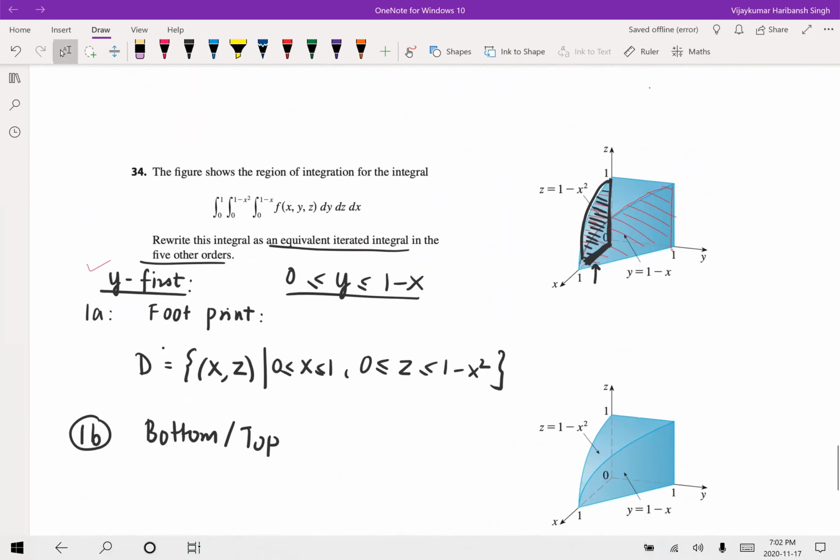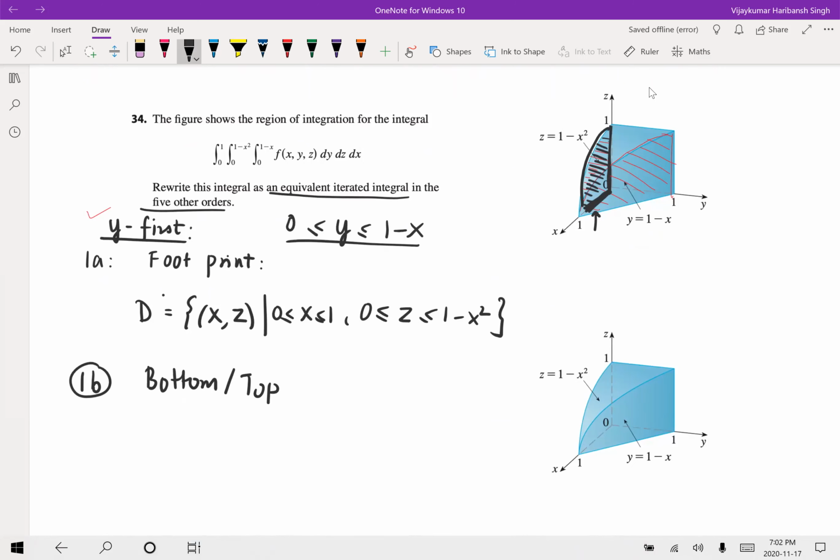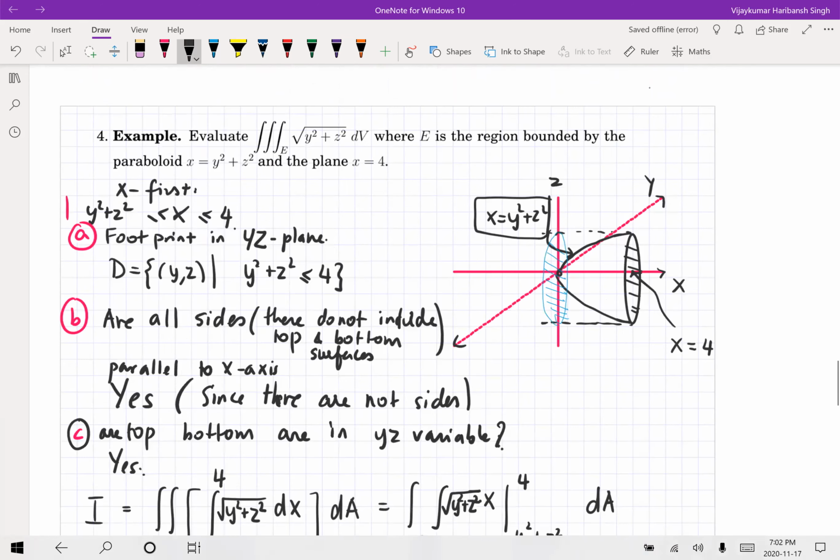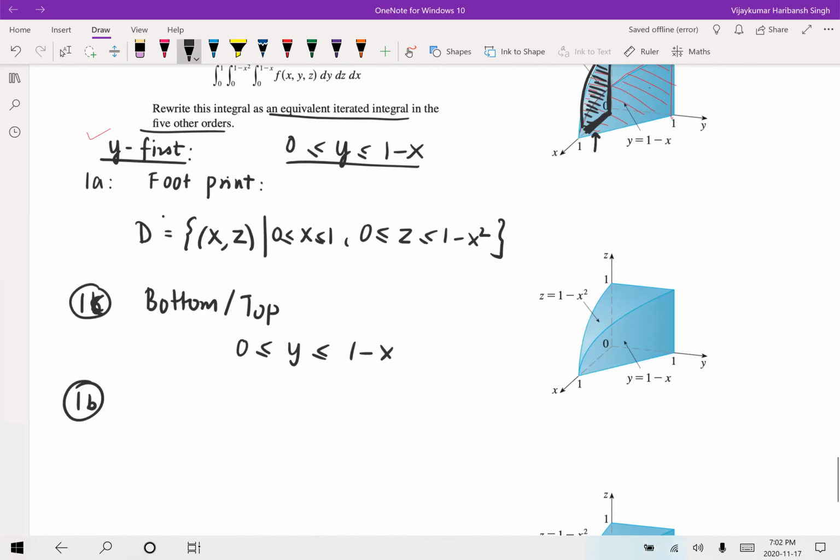So it's 1c, we skipped ahead of our program really. We have y between this and this, right? So this is 1c. Now what about 1b? What about the sides? So we need to investigate the sides.